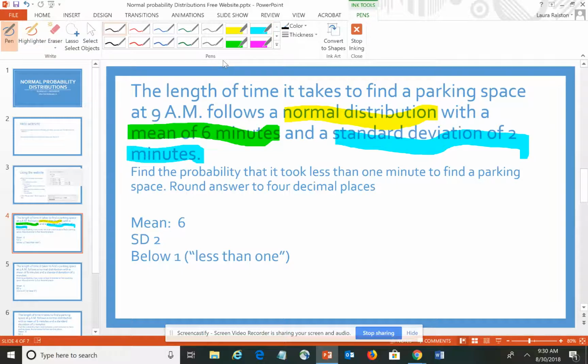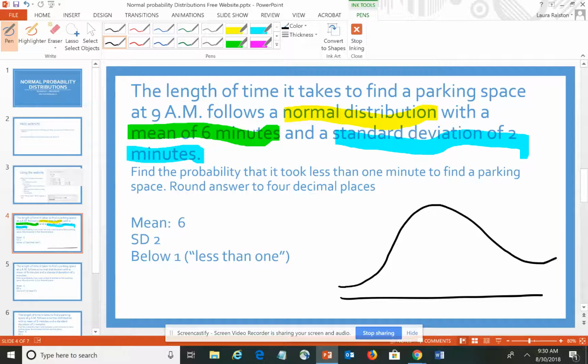Then we want to draw our distribution curve so we can get a sense of what's going on and what we should enter into the calculator. So if I draw my normal distribution, I have my horizontal axis and the bell-shaped curve. Remember, the mean is in the middle, which we know is given as 6. I want to find the probability that it took less than 1 minute to find the parking space.